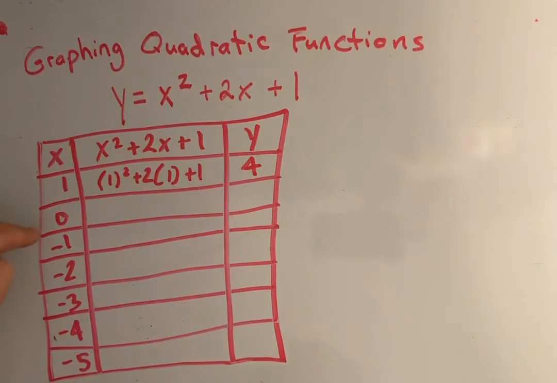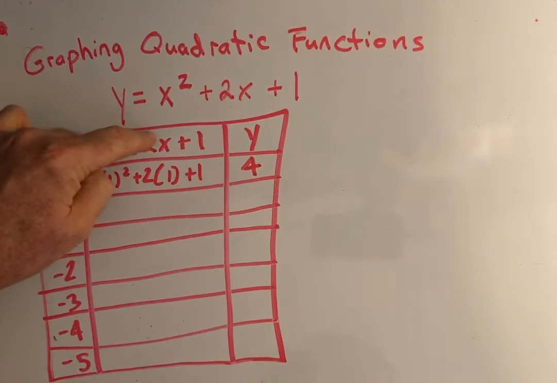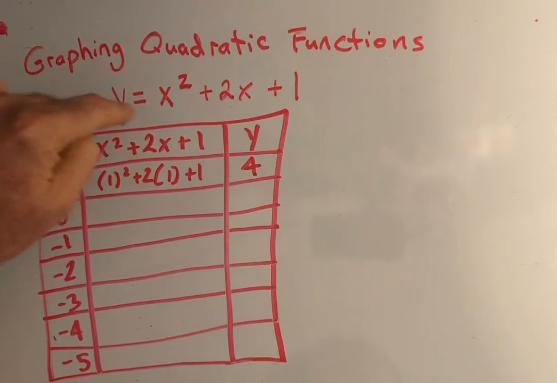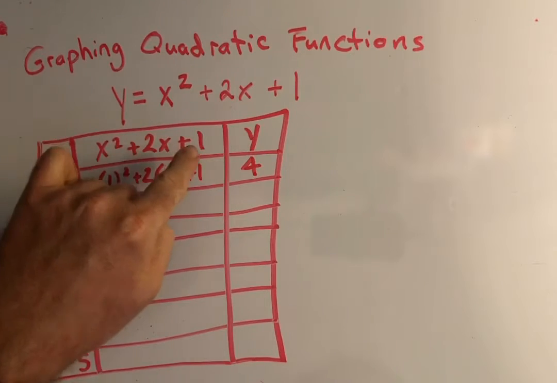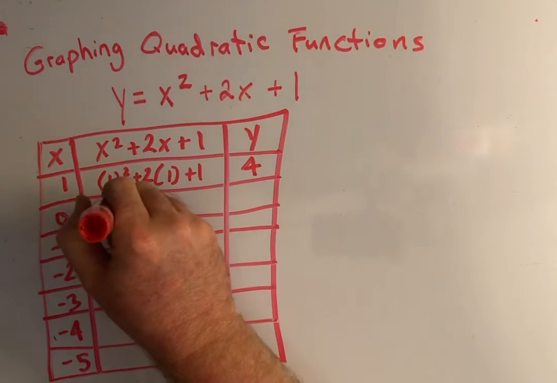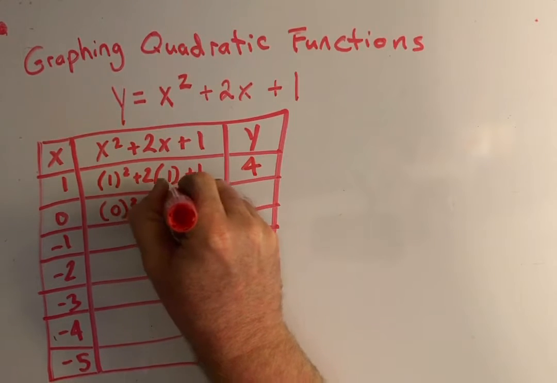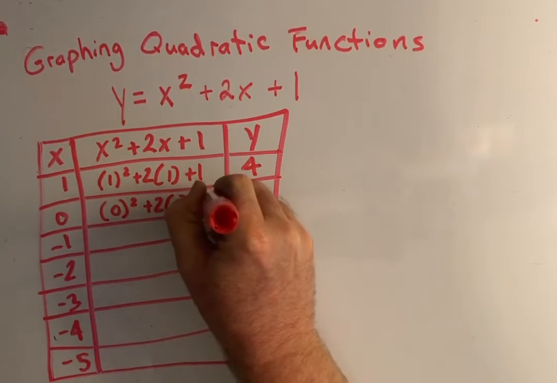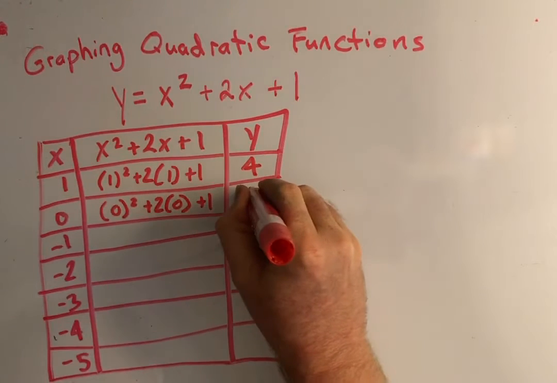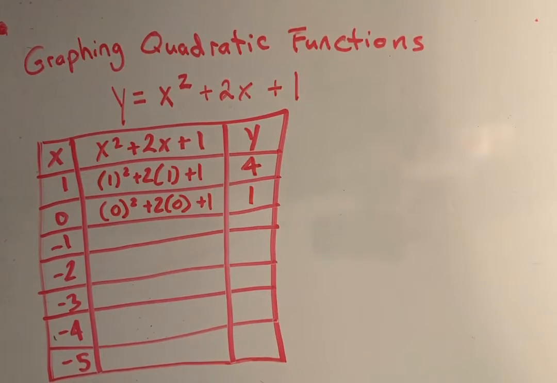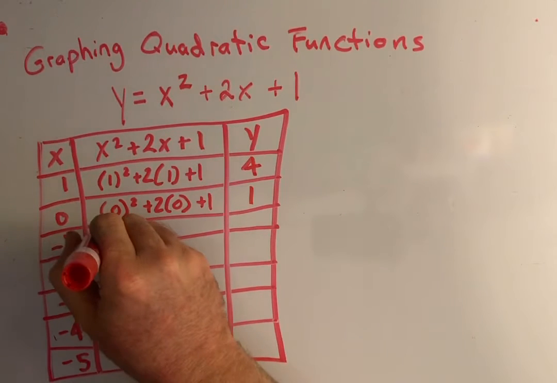Next I have 0. 0 squared is 0. Plus 2 times 0 is 0. So 0 plus 0 is 0. Plus 1 is 1. So I have 0 squared plus 2 times 0 plus 1. All right. Next, I have my -1.